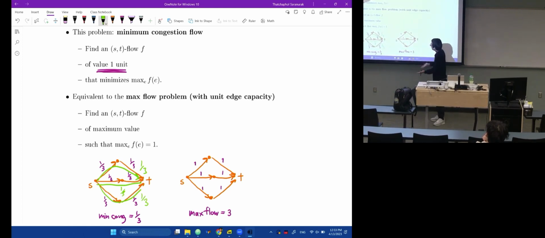And now if you scale it up such that the congestion becomes 1, then you will get the maximum value. That will be your maximum flow, because now the congestion is as small as possible. So if you force yourself to scale it up so that the congestion is 1, you will get the maximum value.